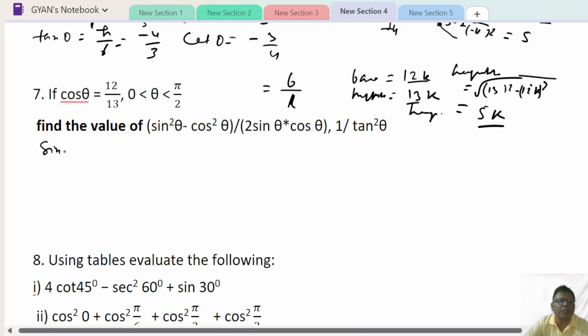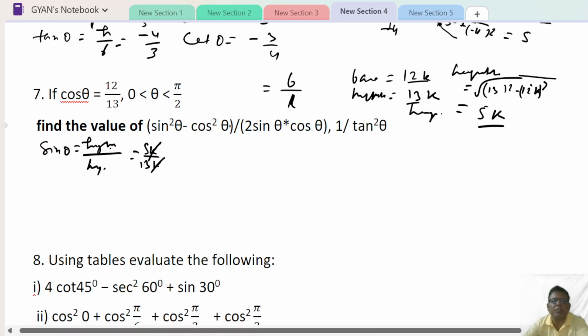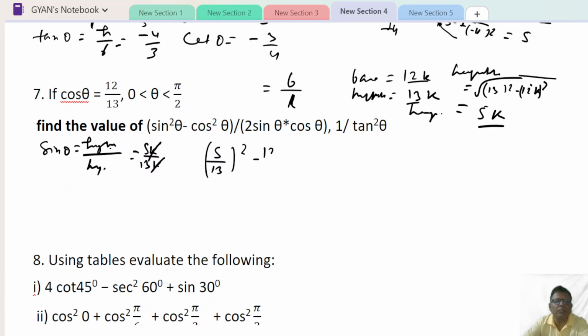First we find sin theta. Sin theta is equal to height by hypotenuse. So height is 5k, hypotenuse is 13k. So this will be 5 by 13. Cos theta is already given. So let us find out 5 by 13 the whole square minus 12 by 13 the whole square, divided by 2 into 5 by 13 into 12 by 13.